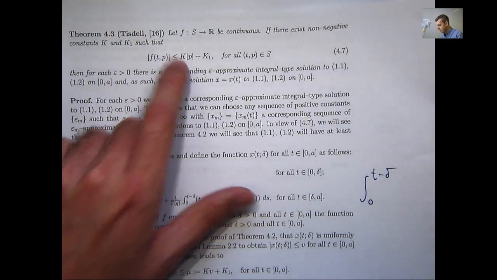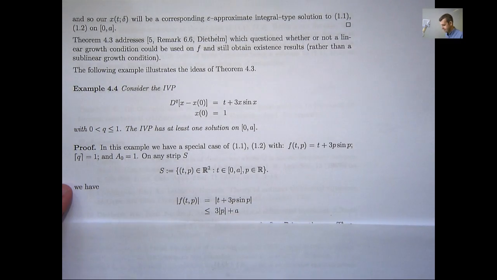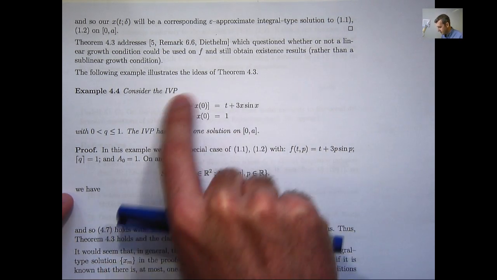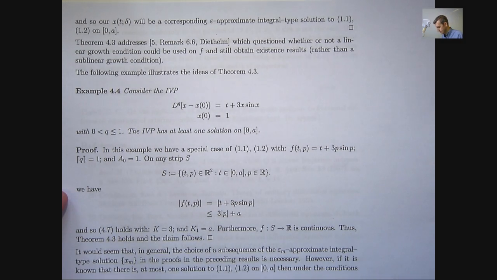So 4.7 does hold with k equals 3 and k1 equals a. Also, of course, f is continuous. So what do we know then? Well, we know that theorem 4.3 will hold, and this problem will have at least one solution.